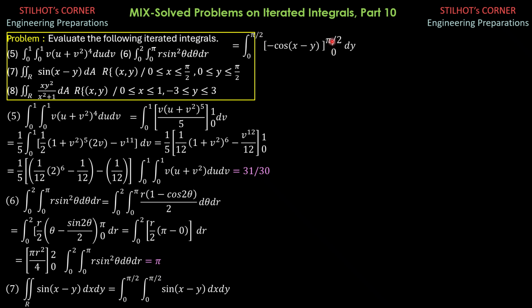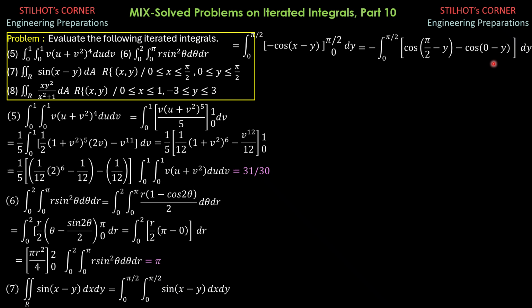So if we substitute the limits, that would be negative of cosine of pi over 2 minus y, then minus the lower limit, cosine of quantity 0 minus y, so cosine of negative y.